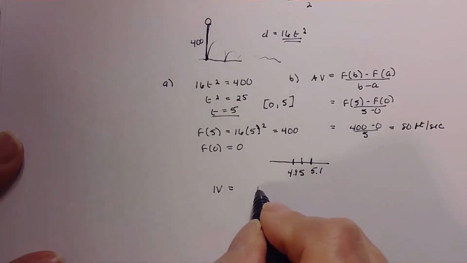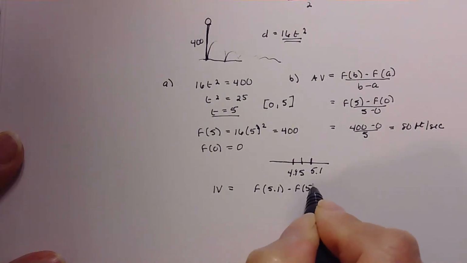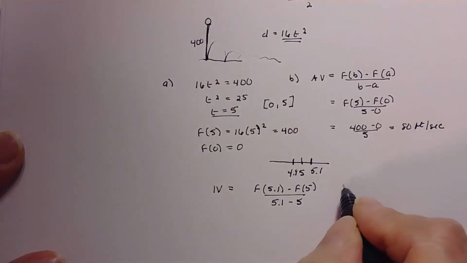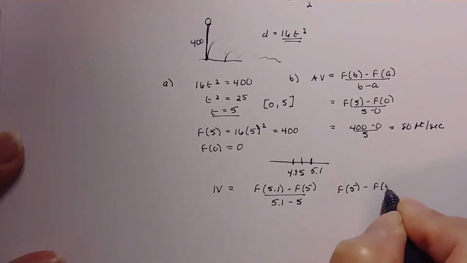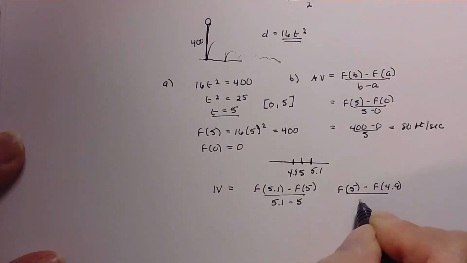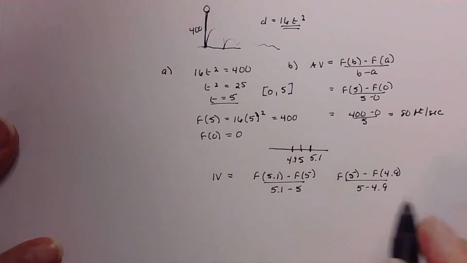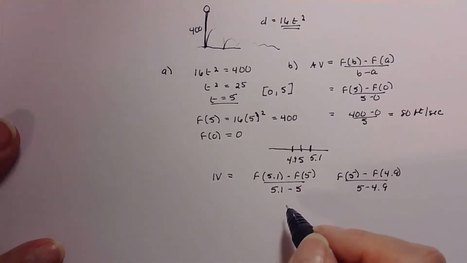So I can do f of 5.1 minus f of 5 over 5.1 minus 5. And I can do f of 5 minus f of 4.9 over 5 minus 4.9. So in this one here, of course, I'm going to have to calculate that, right?